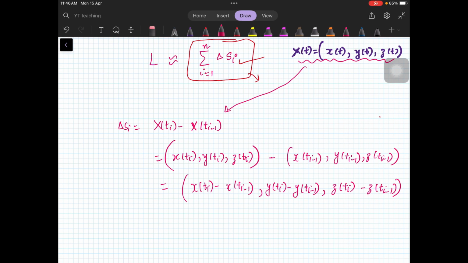I can write it like this. Now on these 3 you apply the mean value theorem; these are C1 functions because x is a C1 function. So this is a C1 function, and this is also a C1 function.